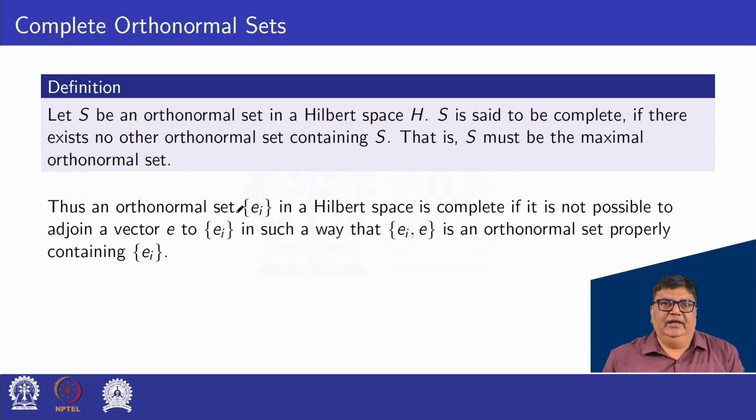Thus, an orthonormal set Ei in Hilbert space H is complete if it is not possible to adjoin a vector e to set Ei in such a way that set Ei and e is an orthonormal set properly containing Ei.